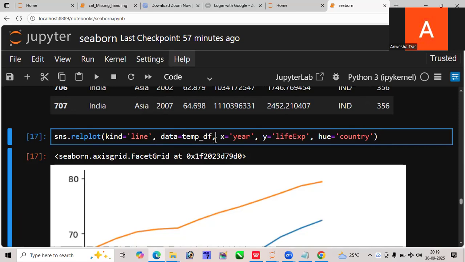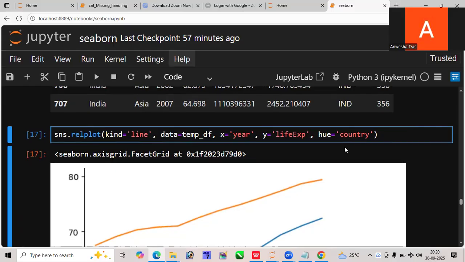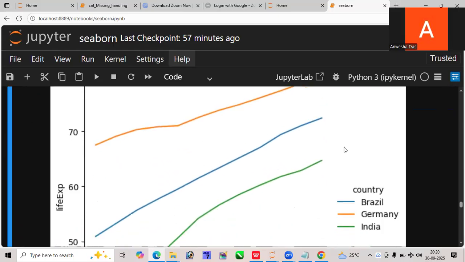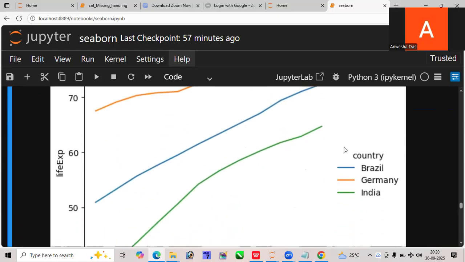After that, in data, I mentioned the variable name where I stored the data. For the x-axis I mentioned the year, for the y-axis the life expectancy, and for hue the country. In that way, you can create a relationship between two or more graphs.